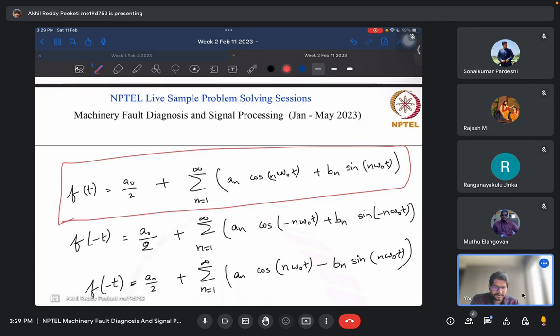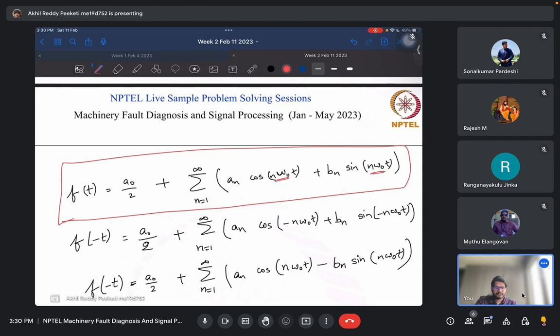That's what Fourier tried to establish. So this time response, if you write it in terms of sine and cos data and then convert it into frequencies, these n omega naught are the frequencies. If you represent it in terms of frequencies, that is called the Fourier transform.